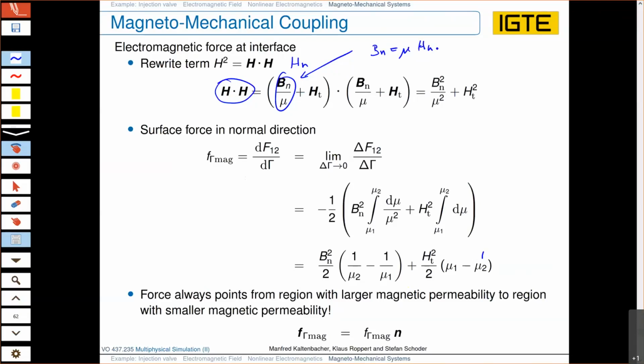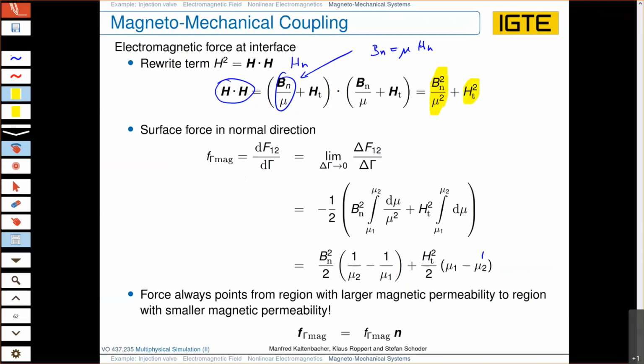And since the tangential vector is orthogonal to the normal vector, all this mixed product Ht in Pn over mu is 0. And what remains here is clearly just this part, the normal component of the magnetic flux density over permeability squared, and here the tangential component of the magnetic field intensity squared.